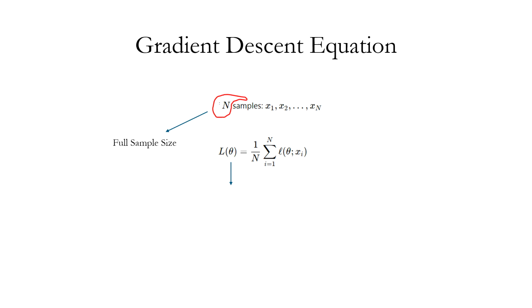And that theta could be representing what we saw earlier, W and B. We saw that in the previous video with linear regression, where we set parameters W, which is the slope, and B, the bias, which is the intercept. And we're trying to solve for that to minimize that loss function. So that's the loss function computed over the full data set for regular gradient descent.